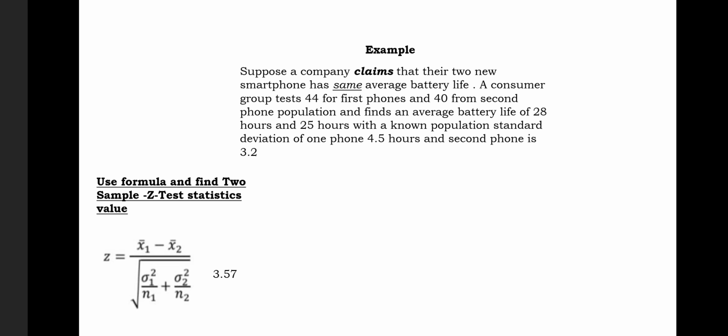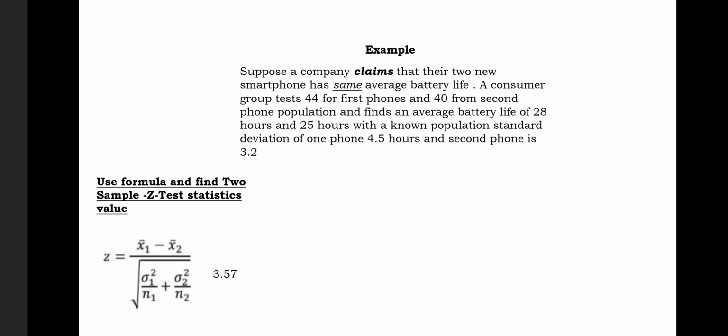Now the formula is very simple: we put the sample mean, the average battery life, minus the sample mean of the second smartphone's average battery life, divided by the square root of the population standard deviation squared of the first smartphone divided by the number of samples we have taken on the first smartphone, plus the population standard deviation squared of the second smartphone divided by the number of samples we have taken for the second phone.